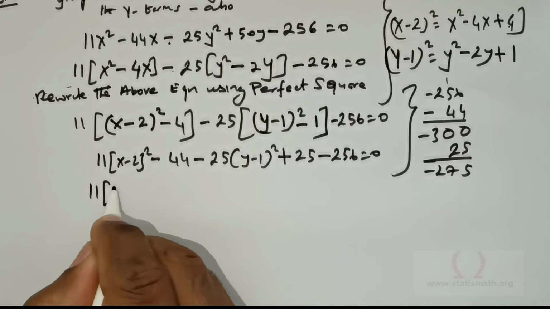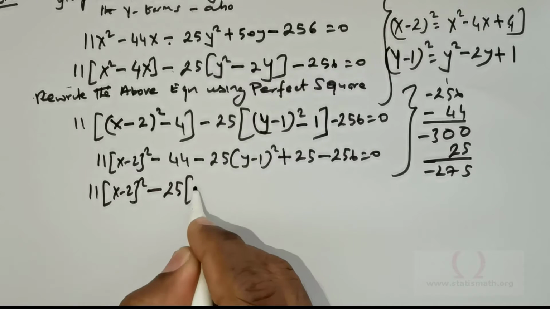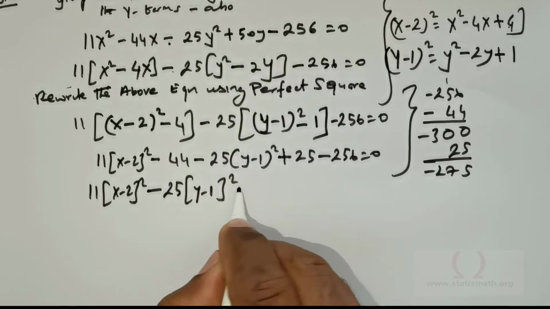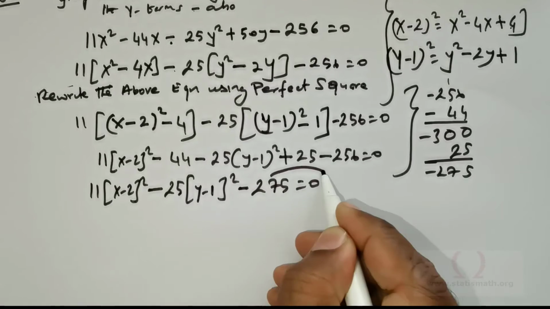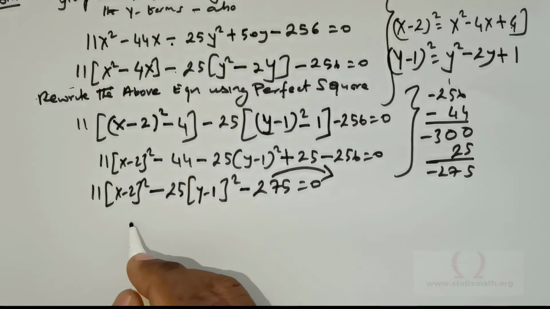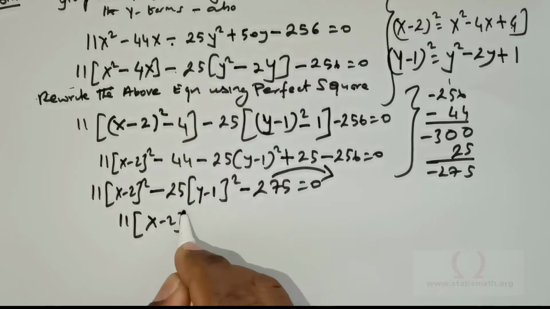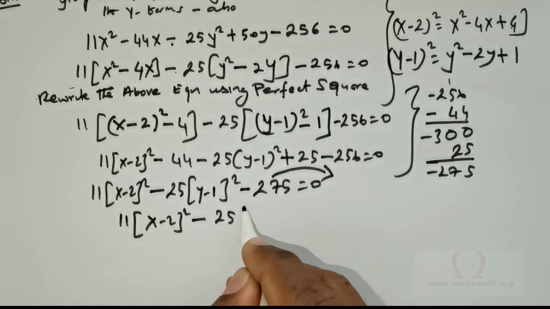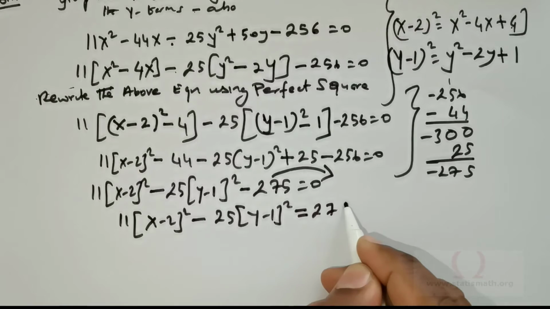This is 11 times x negative 2 raised to the power 2 negative 25 times y negative 1 raised to the power 2 followed by negative 275 is equal to 0. I move negative 275 to the other side. That would give me 11 times x negative 2 raised to the power 2 negative 25 times y negative 1 raised to the power 2 is equal to 275.